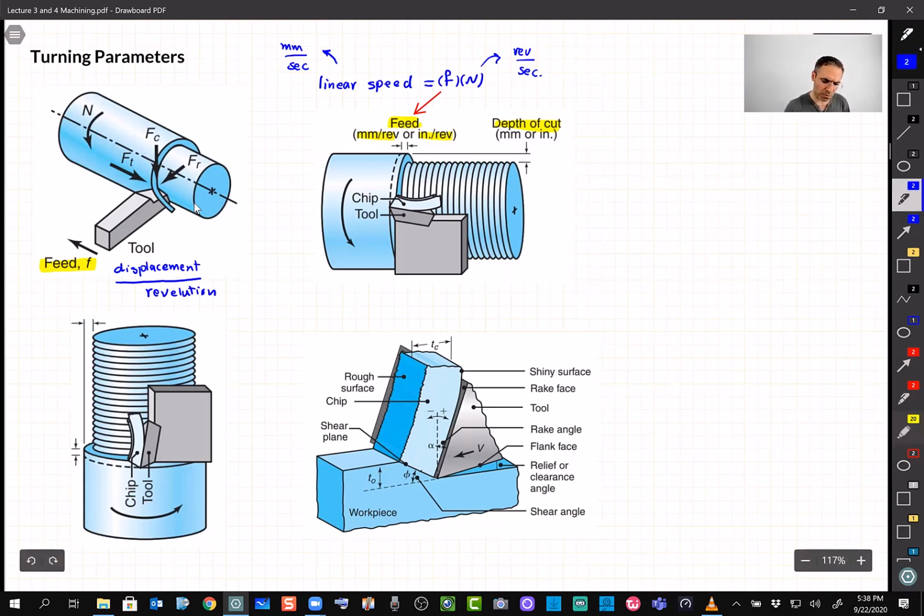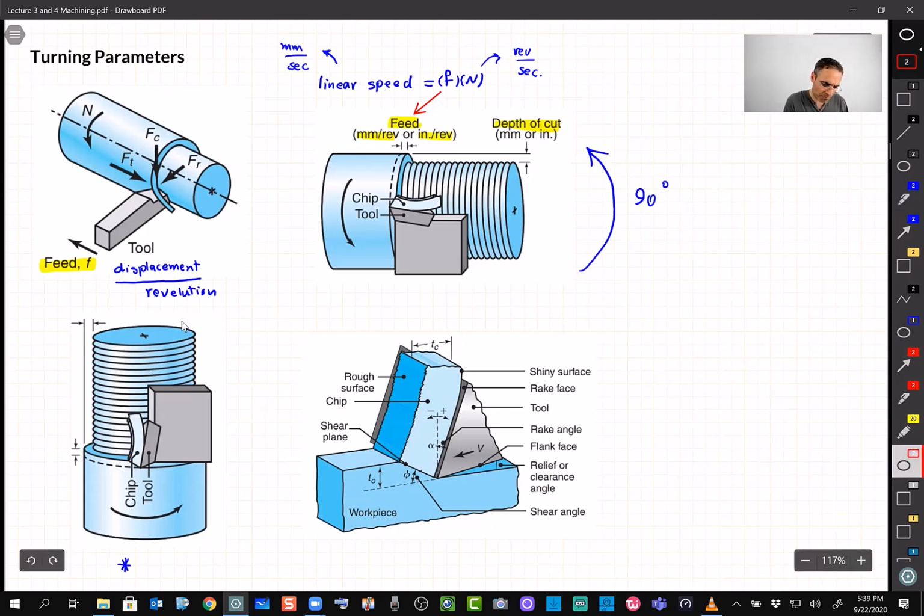Now I want you to visualize that we rotate this workpiece 90 degrees. What we get is the image in the bottom left corner. We did the same thing, we just rotated 90 degrees. Why do we do that?